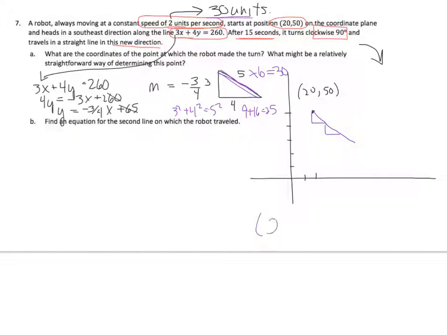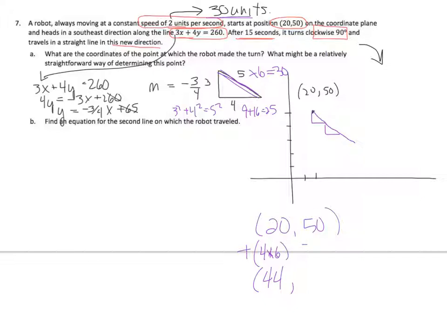So if I start with 20 comma 50, and in my x direction I'm adding 4 six times, so that's 24. I get 44.